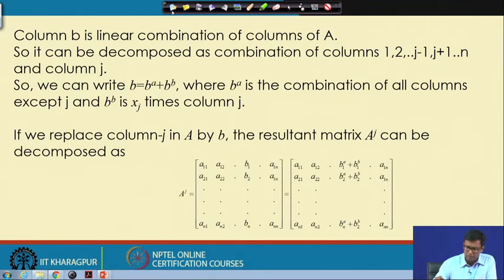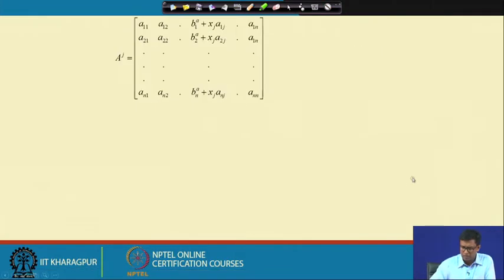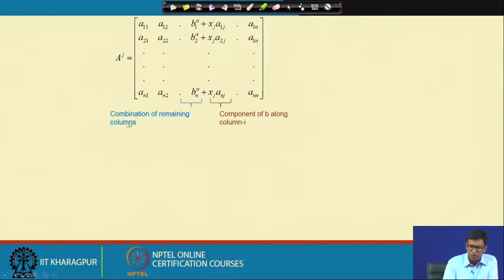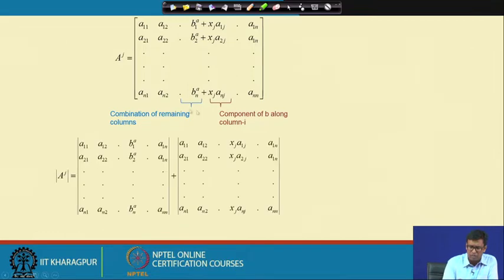Wait a second, if we write it, the jth column has one part which is a combination of all other columns, and another part which is xj into A1j, xj into A2j; xj is basically the scalar multiplied with column j. So, the jth column has two parts, one is a combination of all other columns, another is the component of B along column j.